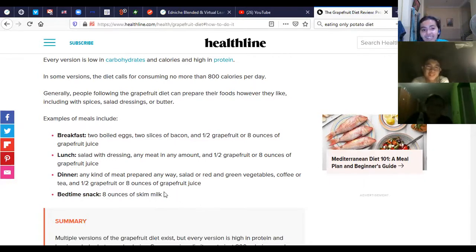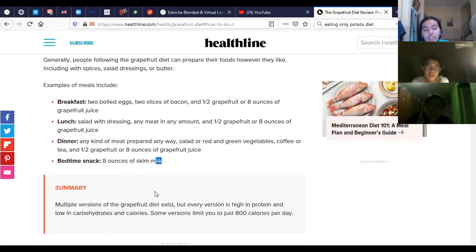What is skim milk, teacher? Skim milk is milk that has had the fat removed already. Zero fat. Yes, mostly for people who want to maintain or lose weight. There's no fat inside the milk and it tastes very bad. I tried it. Different from zero fat is lactose-free. Lactose-free milk is still full-fat milk, but the lactose inside the milk has been removed.